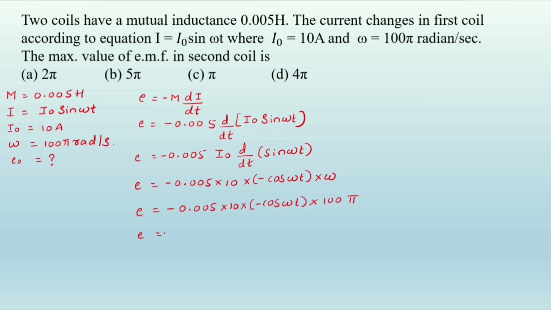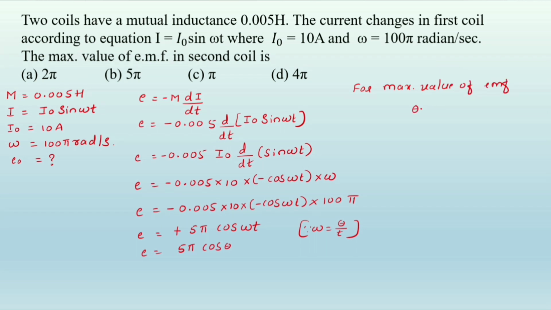Or we can write it as E equal to minus into minus will be plus. So we can write it as 5 pi cos omega t, or E equal to 5 pi cos theta, because we know that omega equal to theta by t, right? So here we want the maximum value of EMF. For the maximum value of EMF, theta value should be equal to 0 degree.